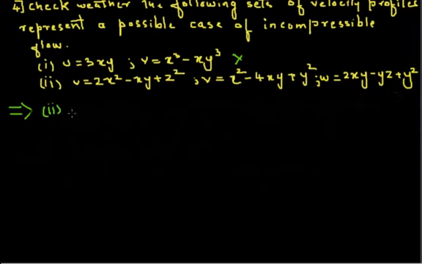Velocity components are given in x, y and z directions, all the three directions. Therefore the flow is a three-dimensional flow, and we know that the continuity equation for a three-dimensional incompressible flow is of the form del u by del x plus del v by del y plus del w by del z is equal to 0.